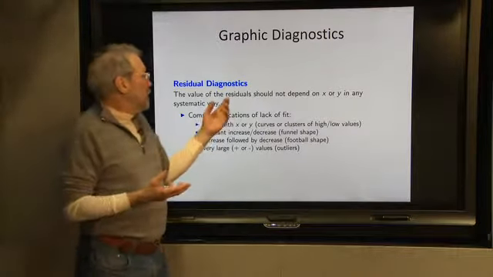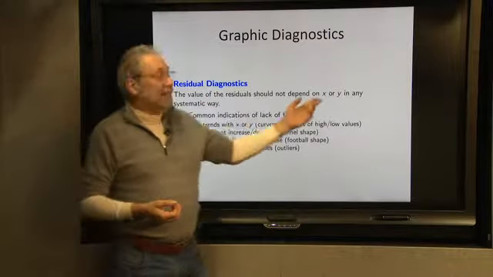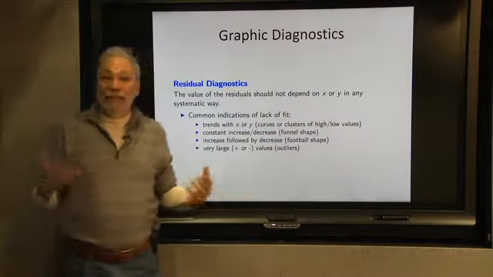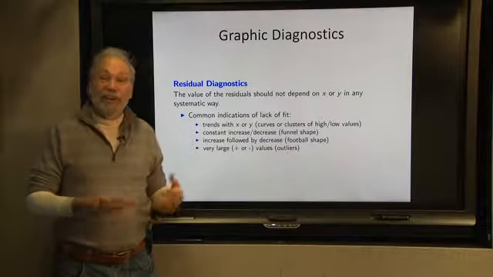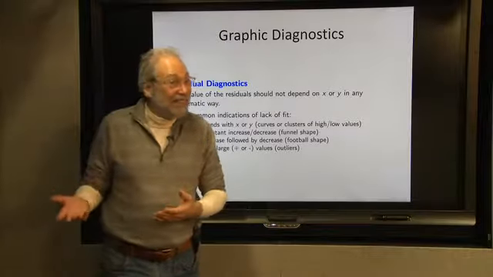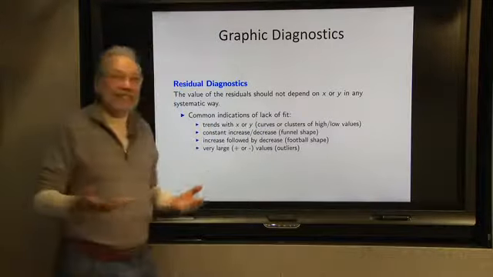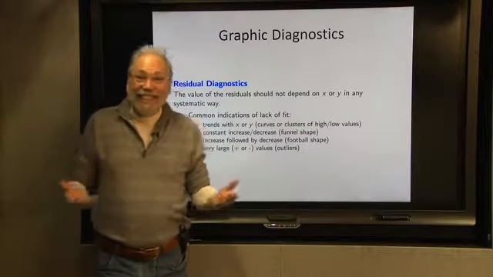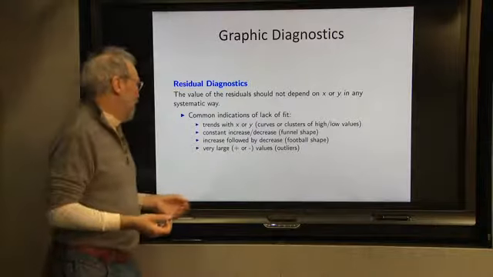And in particular, we think that the residuals should not be related to x or y. If the residuals are correlated with x, then you clearly didn't fit the right coefficient for x. And if they're correlated with y, again, you must have done something wrong in fitting the model.